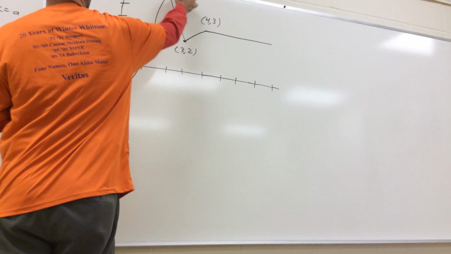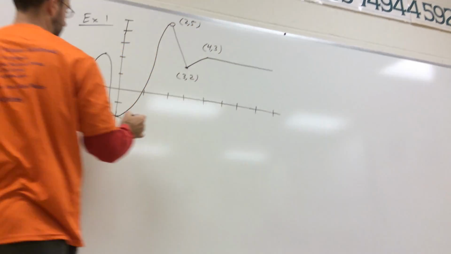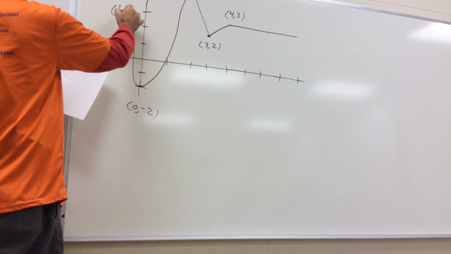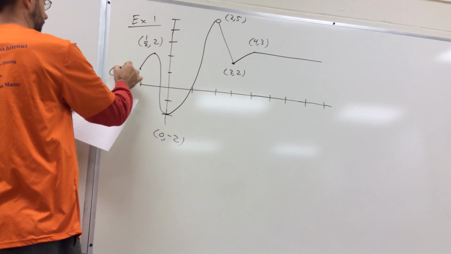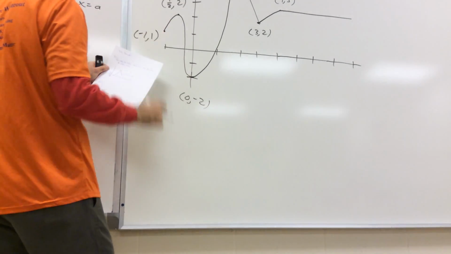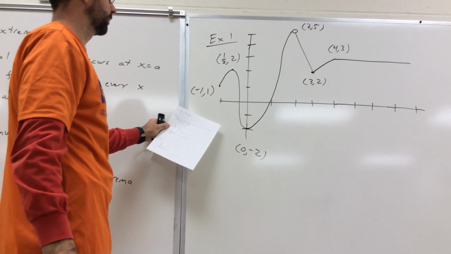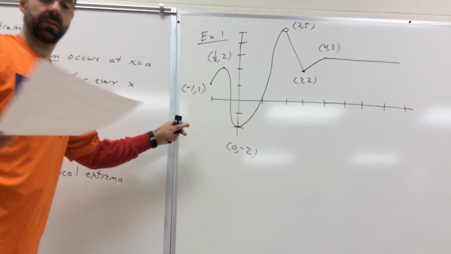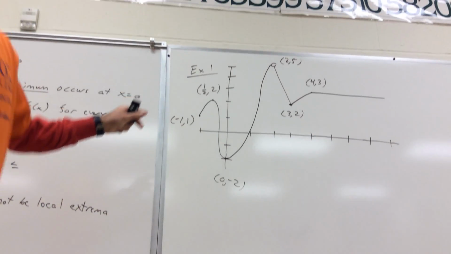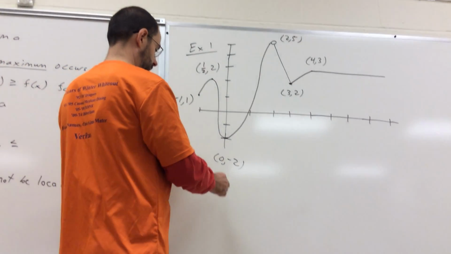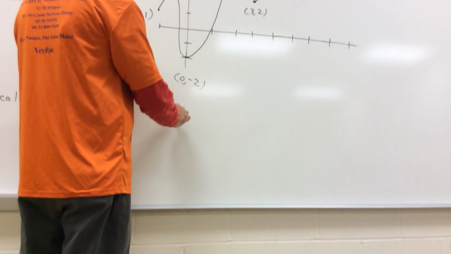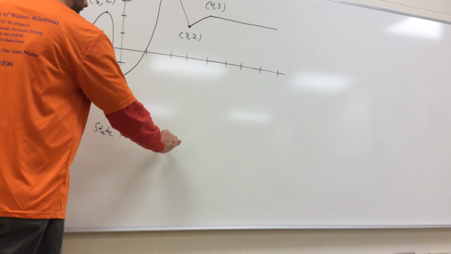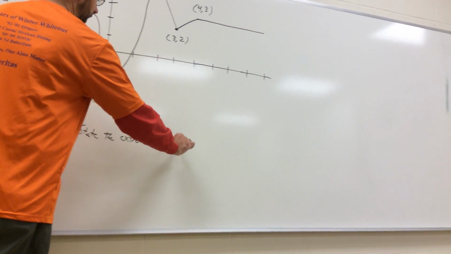This is 2, 5. 0, -2. -0.5, 2, and -1, 1. And the directions are state the extreme values and where they occur.